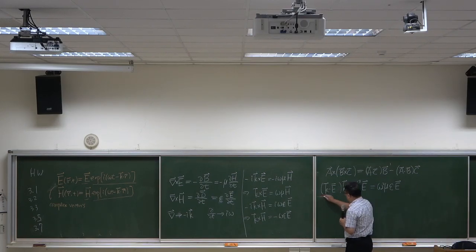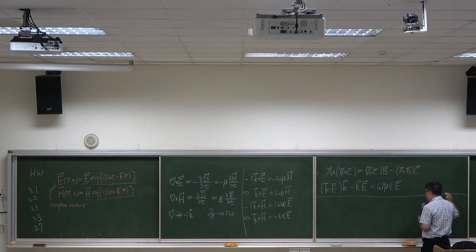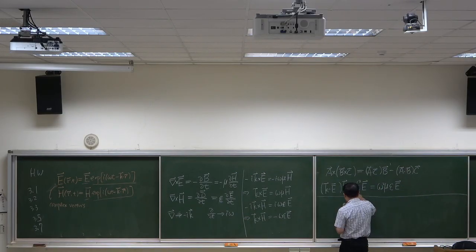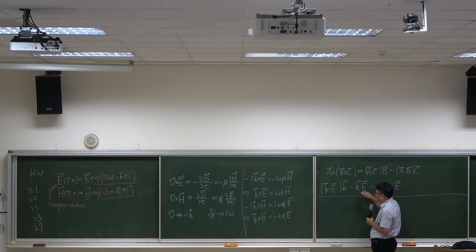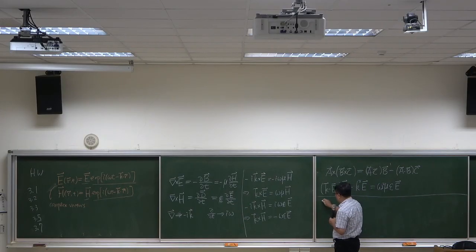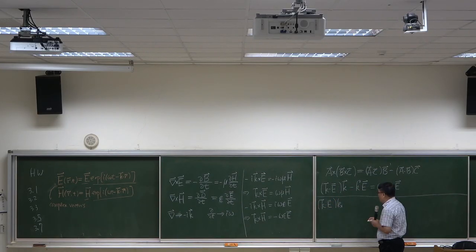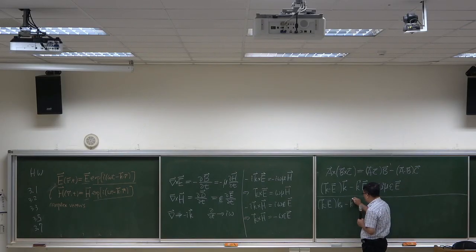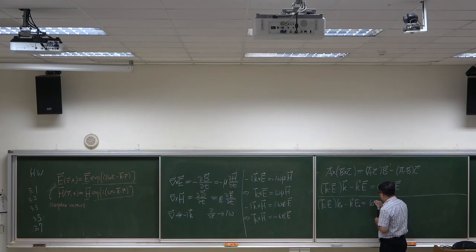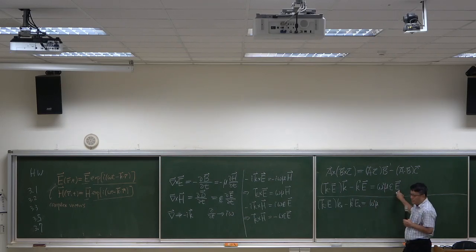So if we write the component one by one, say if we try to write down the x component of this equation, we have K dot E times Kx minus K squared times Ex equal to omega squared mu times epsilon E, which is nothing but D, Dx.